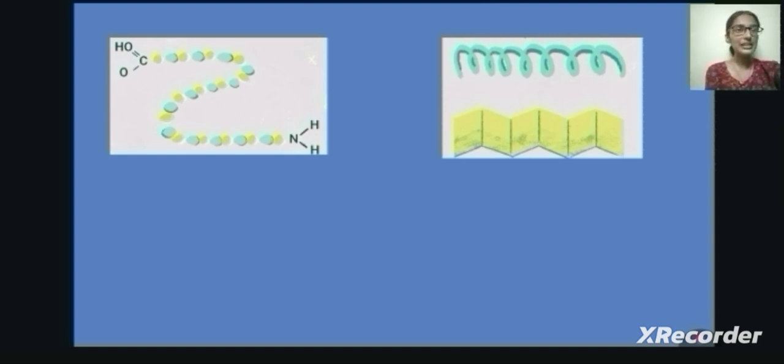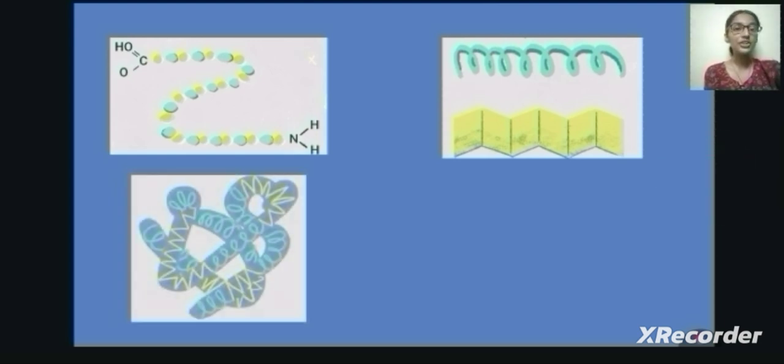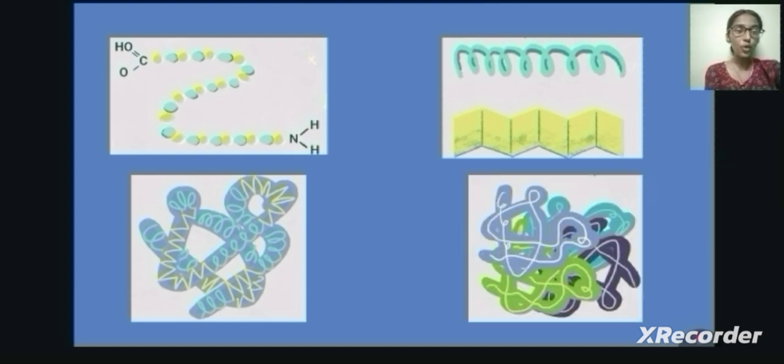Basically, there are infoldings or backfoldings of the polypeptide chain. Alpha helix is spiral in shape and beta sheets are pleated in shape. Then we have the tertiary structure which is basically overall 3D structure of a single polypeptide chain. While the quaternary structure is basically multiple polypeptide chains in a single unit.